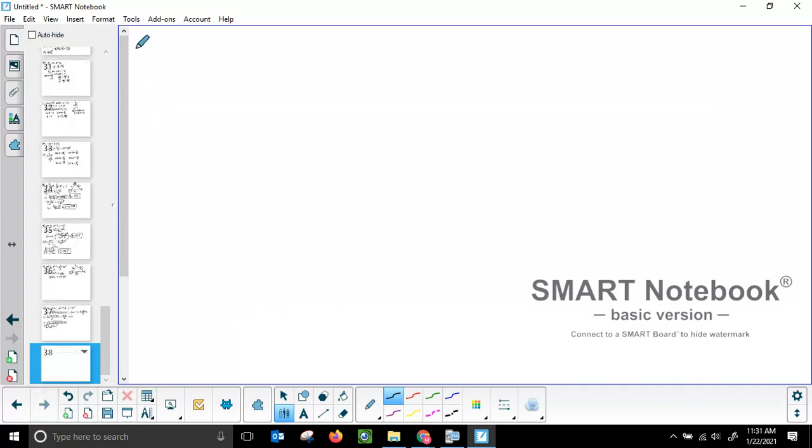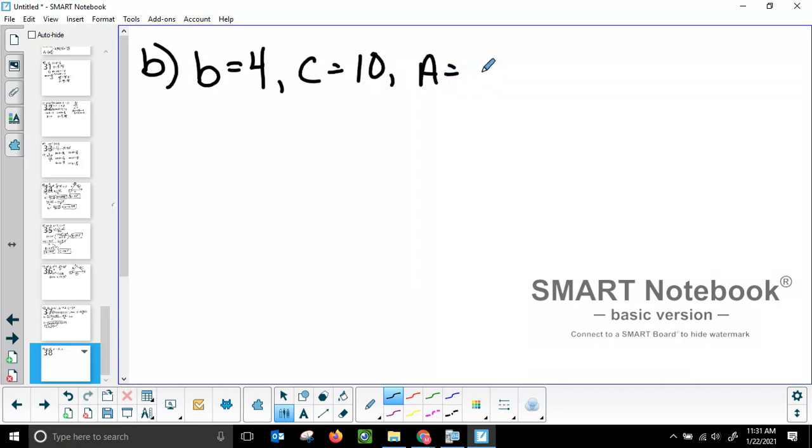All right, 42b. It says that b is equal to 4, c is equal to 10, and angle A, which they give as alpha, is equal to 70 degrees.